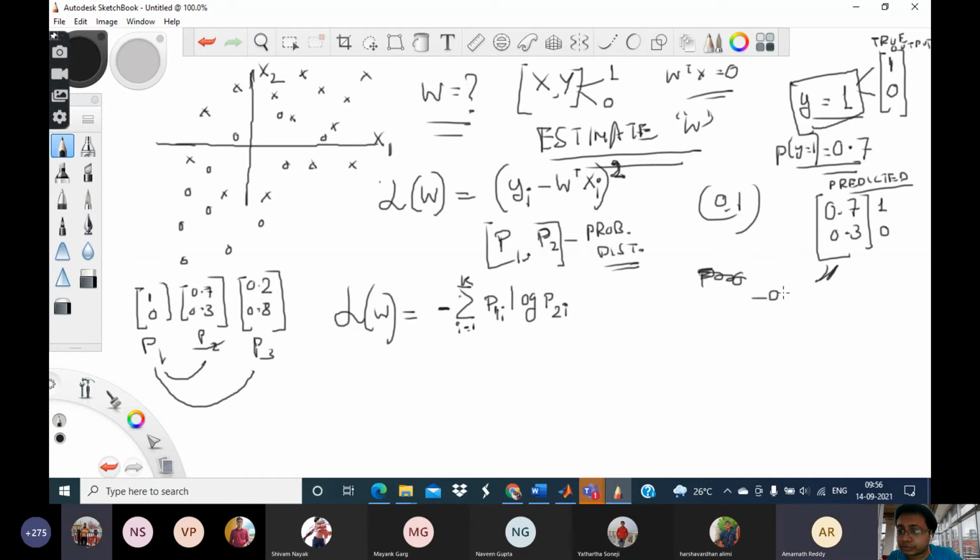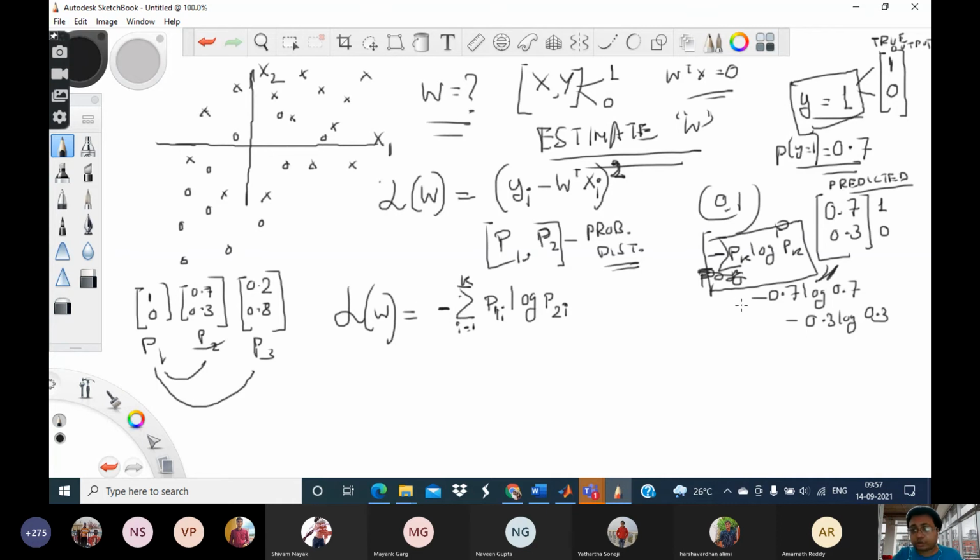Minus P log P. Minus 0.7 log of 0.7 base 2, minus 0.3 log of 0.3. So there I had only one probability distribution, which I called P. I wrote it in the form of minus summation over k of Pk log Pk.